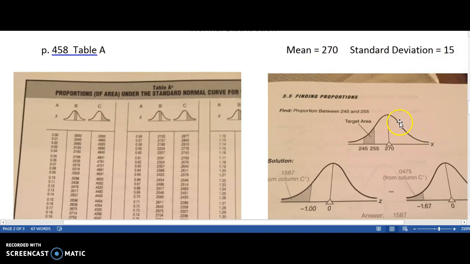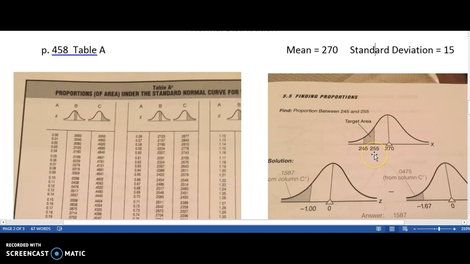So what we did here was we have a normal curve with the mean here at the middle at 270, and the values of 245 and 255, which were given in the problem right here, are marked as so. And what we're trying to do is find out what is the proportion of the population that lies in this range right here.